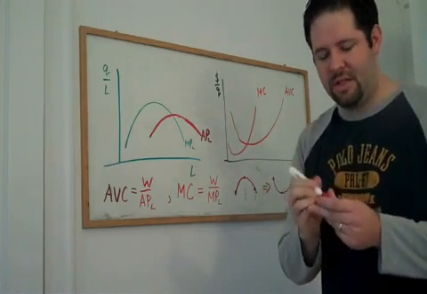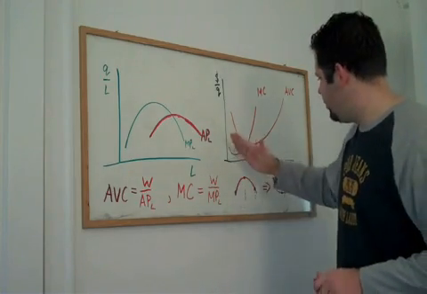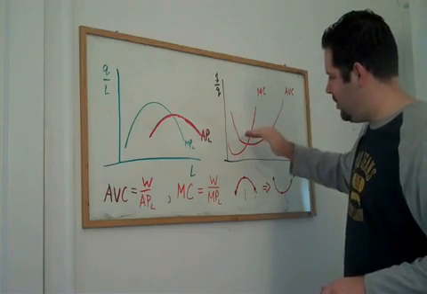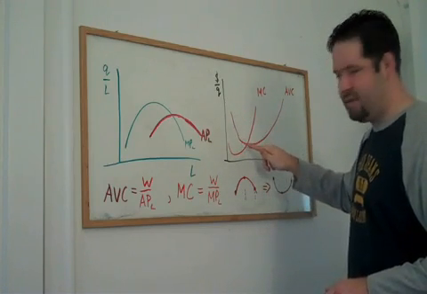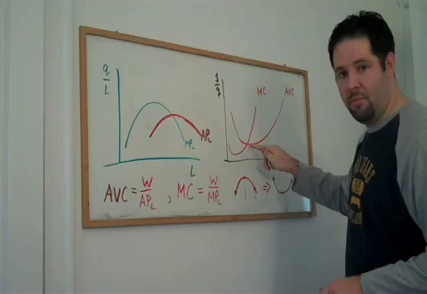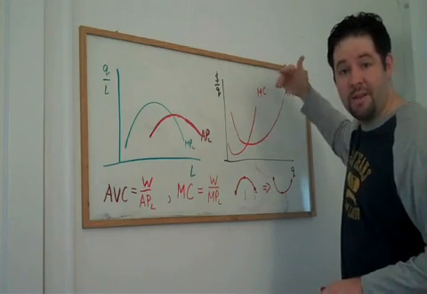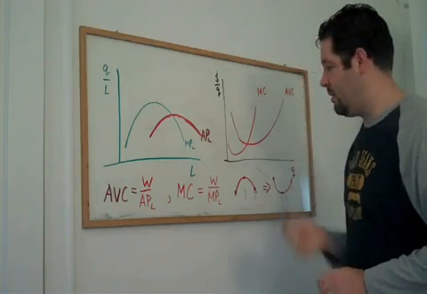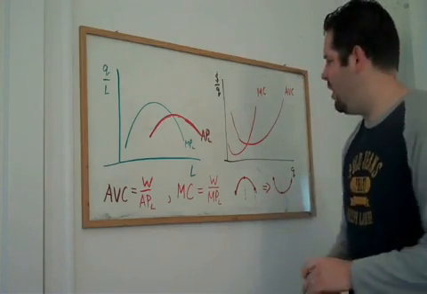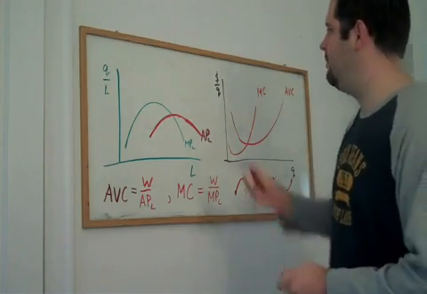And just like last time, when marginal cost is below the average variable cost, average variable cost is decreasing. It hits a minimum right where they intersect, and then it increases after that because marginal cost is higher than the average variable cost.